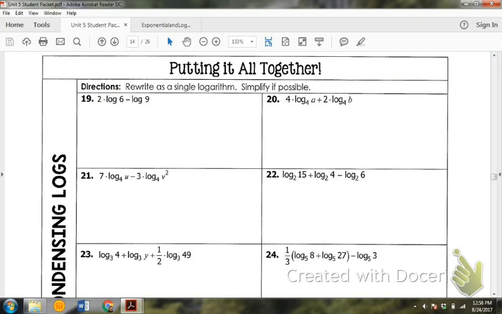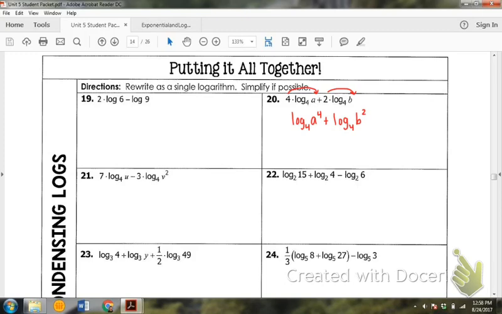Okay, so what was the first thing you did on 20? Aspen, what's the first thing you did on number 20? Okay, so you took the two beginning numbers, we call those the coefficients, and you put 4 with the A, and you put the 2 with the B, right? So this is log base 4 of A to the 4th plus log base 4 of B squared.